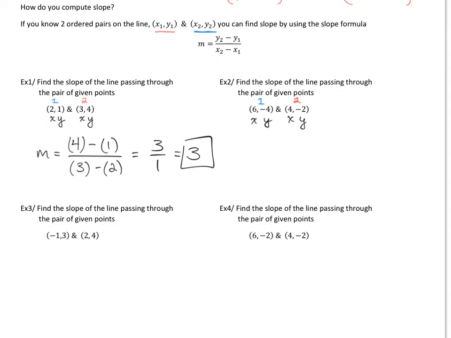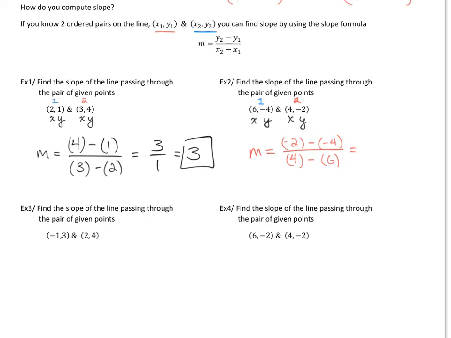You'll get that the slope is equal to y2, which is negative 2, minus y1, which is negative 4, all over x2, which is positive 4, minus x1, which is positive 6. Now the denominator here is pretty easy to compute, where the numerator we're going to have to do a little bit of simplification.